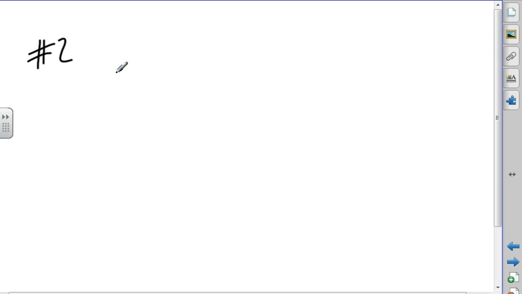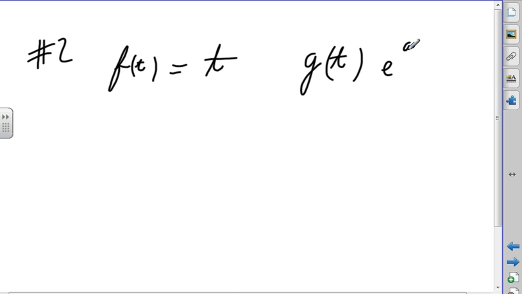So f of t is t, and g of t is e to the at, and we want to find f of t convoluted with g of t.